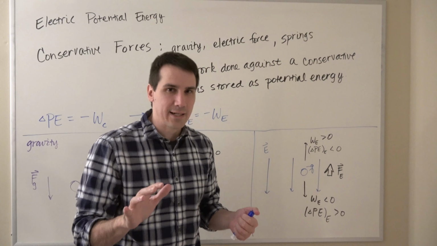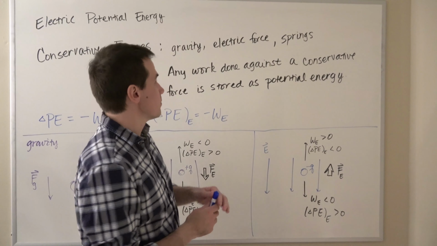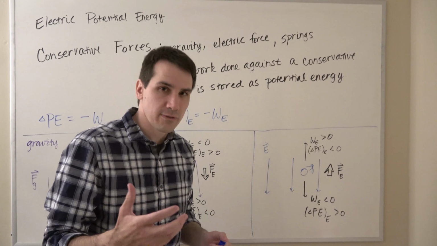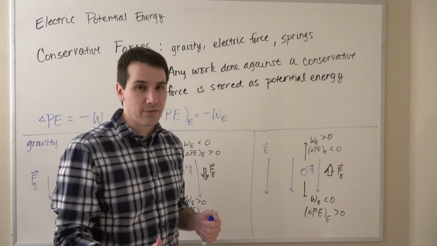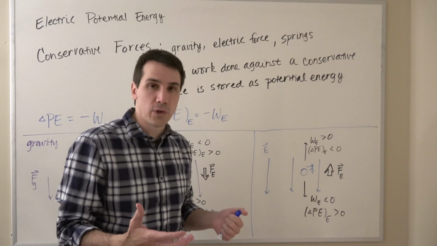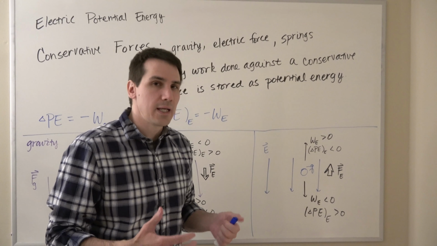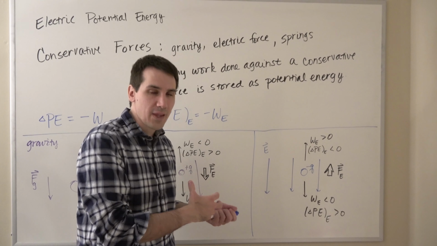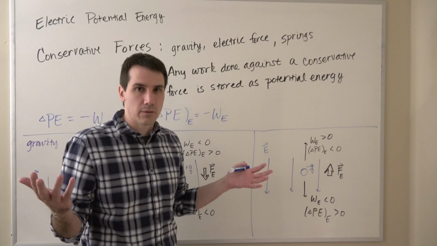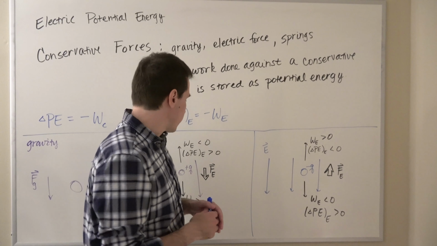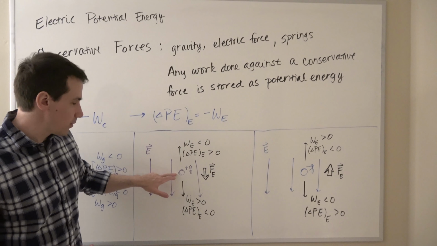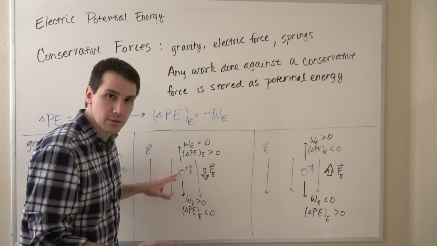And we're going to do exactly the same thing with electric fields, because the electric force is a conservative force in exactly the same way that gravity is. Any energy that I put into doing work against the electric field is stored as potential energy that I can then retrieve by just letting the particle go, right? So for example, say I have a charged particle sitting here in an electric field.